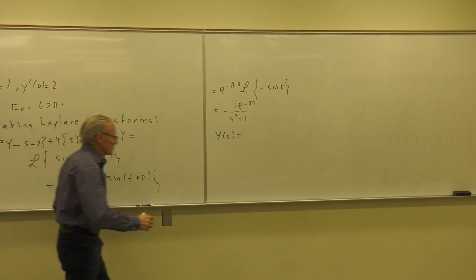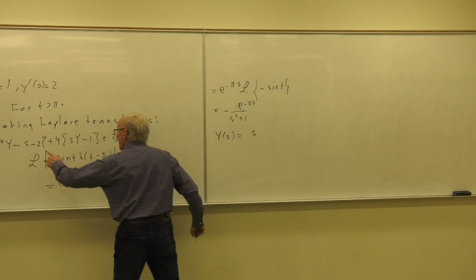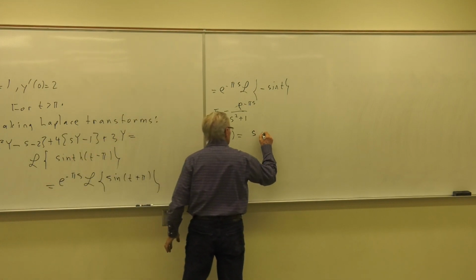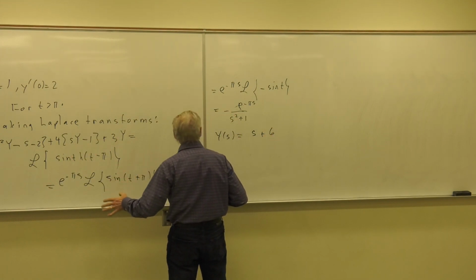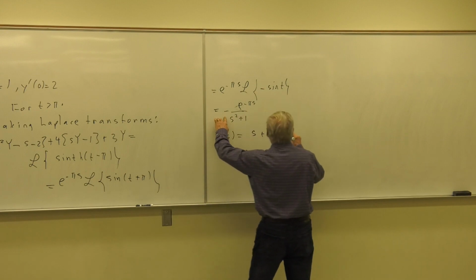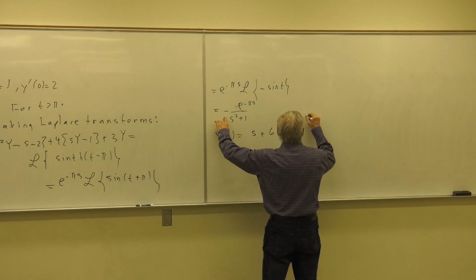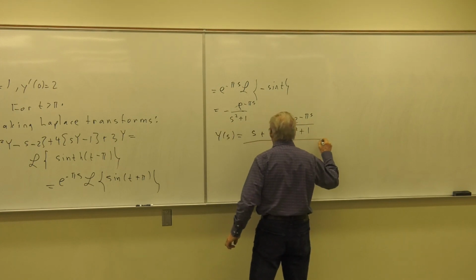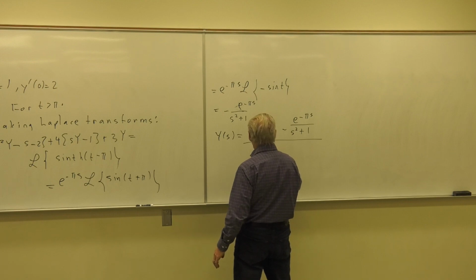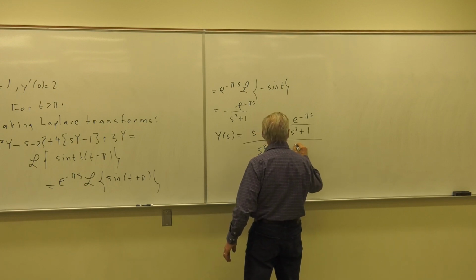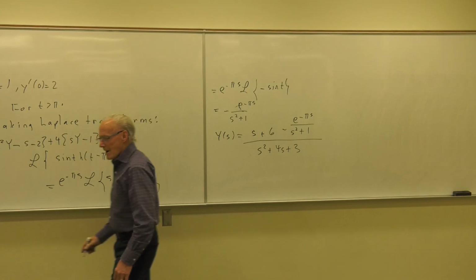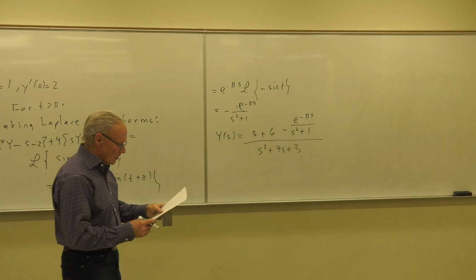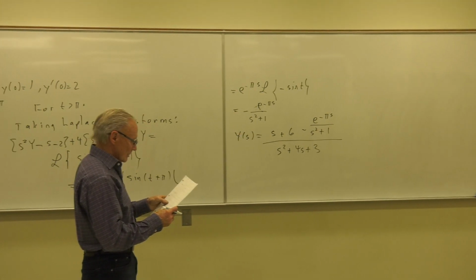That's over s squared plus 4s plus 3. That's s plus 6, minus e to the minus pi s over s squared plus 1, all over s squared plus 4s plus 3. How does that look? Let me check that I haven't drawn it already. All right, that looks good. S squared plus 1, all right.